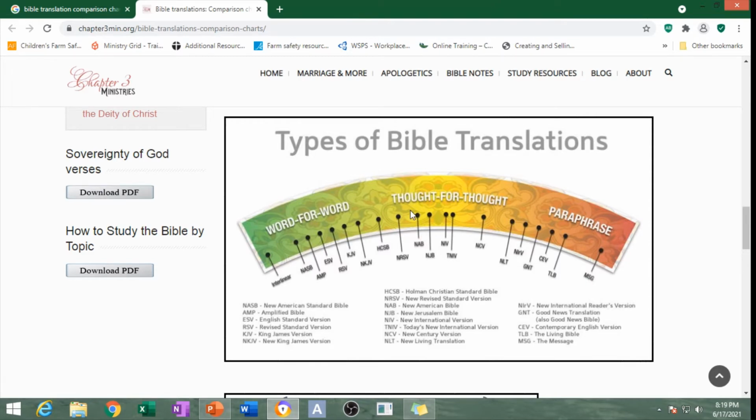How word for word works is they say, okay, this word means this, and we're going to put it as much as possible, because sometimes it's not possible to do this exactly when going from one language to another. But as much as possible they're going to use the words that were used and nothing else, and they're going to use the words in the order that they were used, because that's often important.